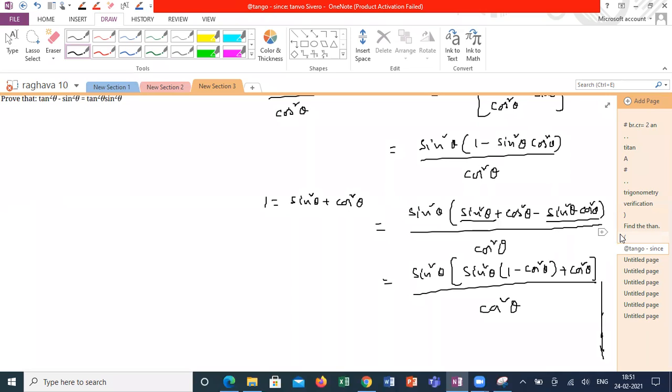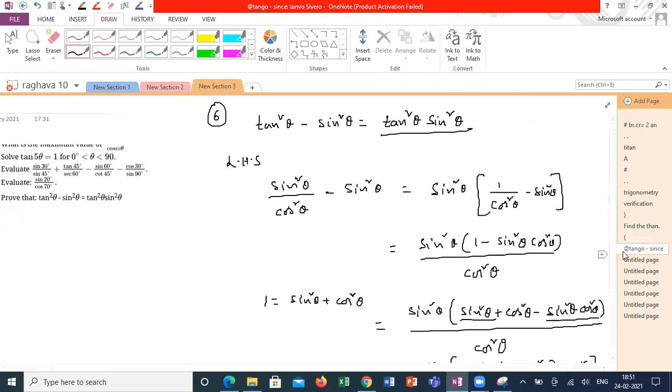Guys, which identity will be helpful here? Any idea? Anyone? How to proceed with this kind of question? Has anyone done practice or are you busy with the examination? Guys, someone reply. How to do this question? It's only 1 mark. Tan square theta minus sine square theta is equal to tan square theta into sine square theta. You have to prove.